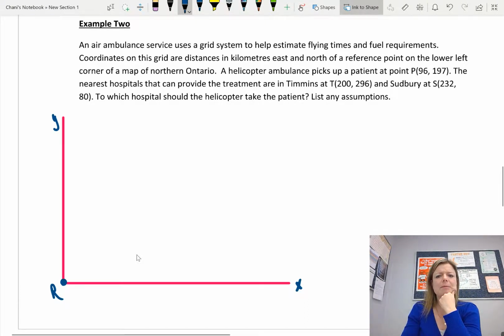So a helicopter ambulance picks up a patient at P, 96 197. So I'm going to estimate. Again, I said this was going to be pretty rough. So I'm going to say that this is P, and it's 96 197. And then at T, so 200, 296.